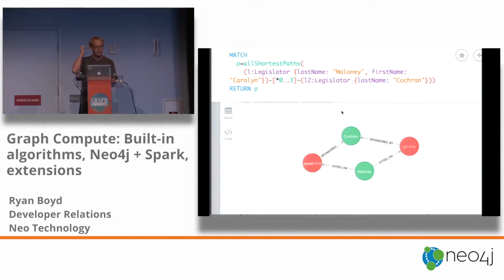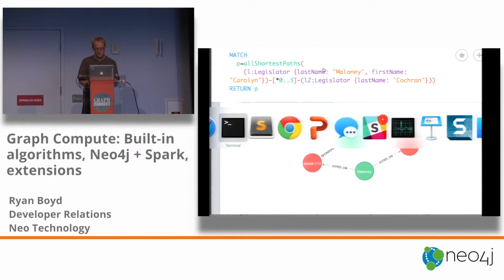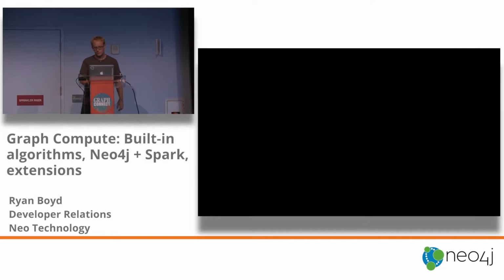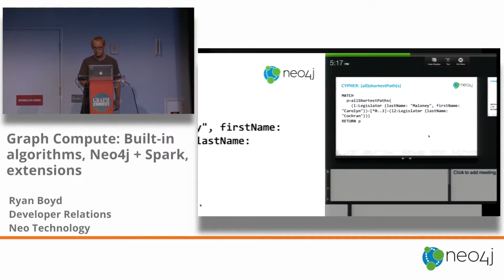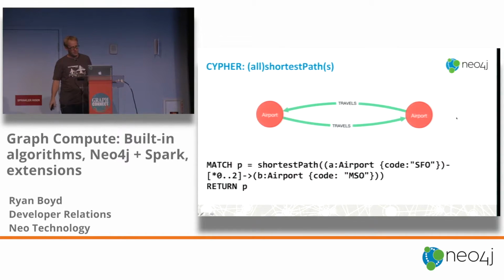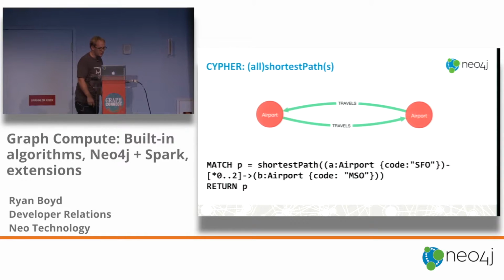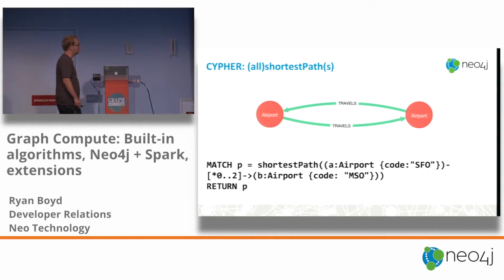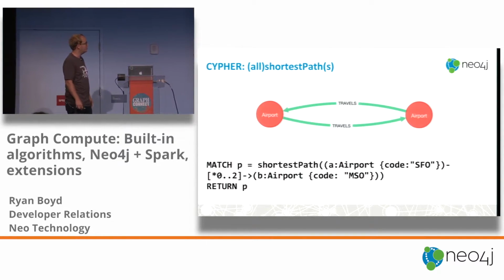And we're going to see later with some algorithms on Spark how some of the algorithms allow us to determine who are the most influential Congress people. I'm actually not going to show this directly, but you can see another example.